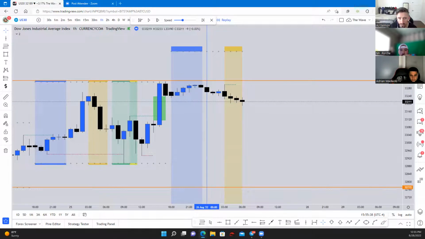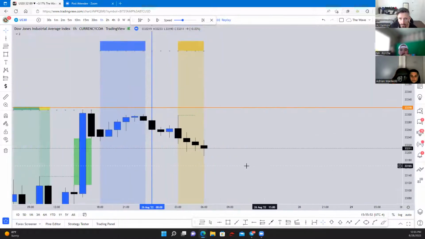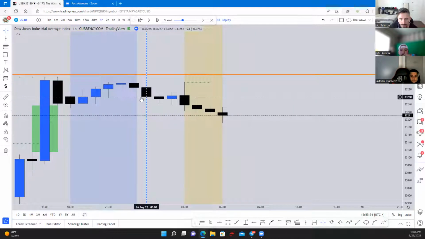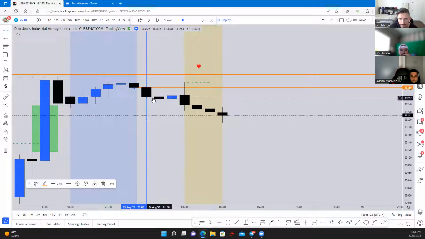Here, this vertical blue line is our New York midnight, 00:00 time. What was the price when the day opened? This is a down candle, so we know price opened here and then closed here.